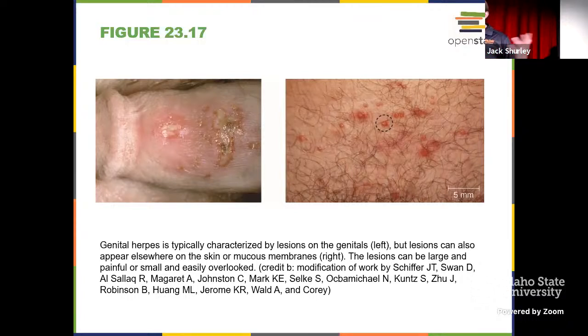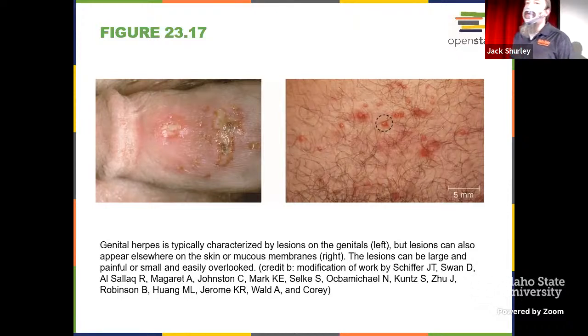If the child is growing in the womb and the mother becomes infected during pregnancy, the outcome for that developing child is very poor. If the mother already has it, and the child is developing, then in transit through the birth canal, there's the potential for that child to become infected.